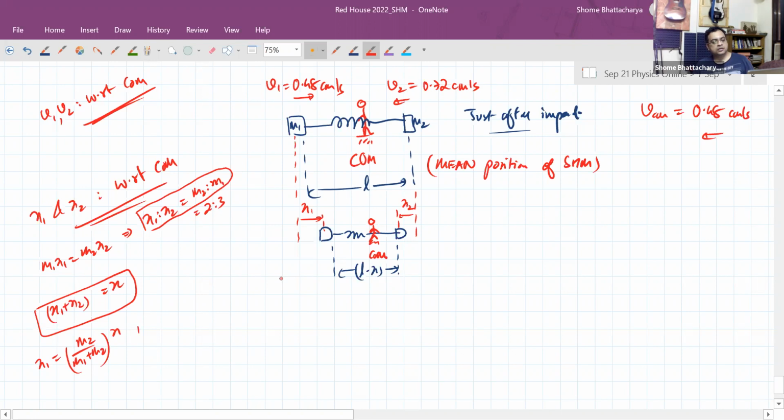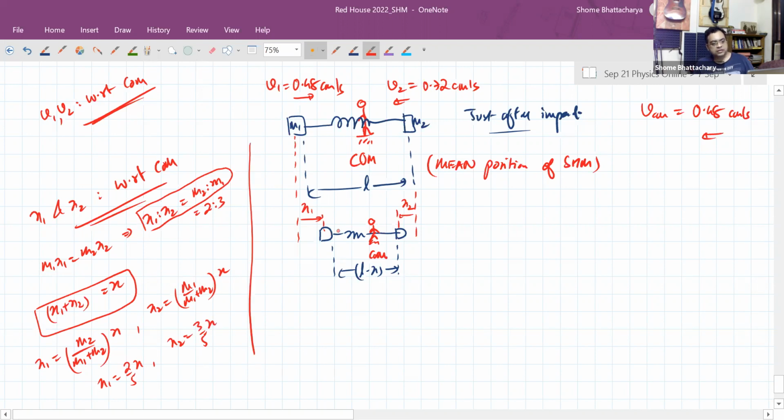When you write the FBD equations, you can see from this that you're going to expect that reduced mass formula. In this case, X1 is 2/5 of X and X2 is 3/5 of X.